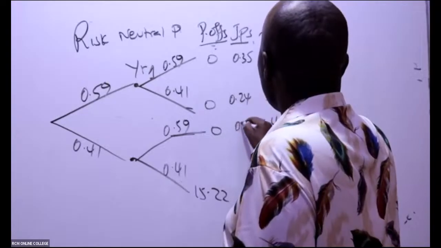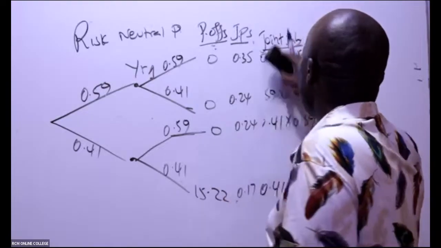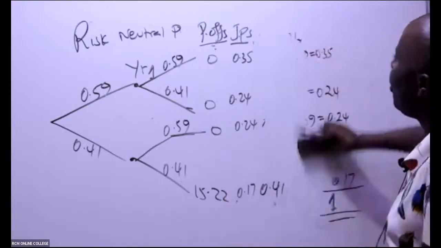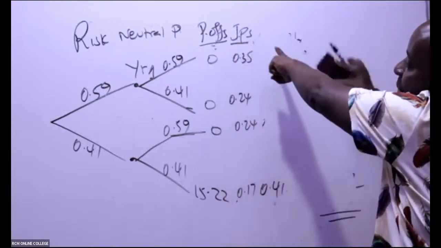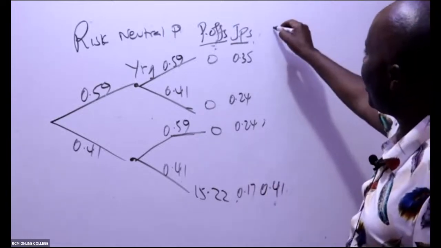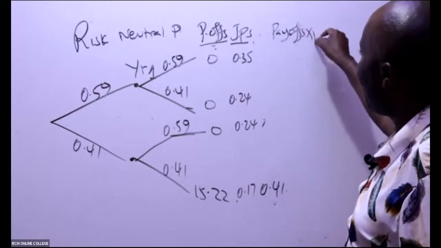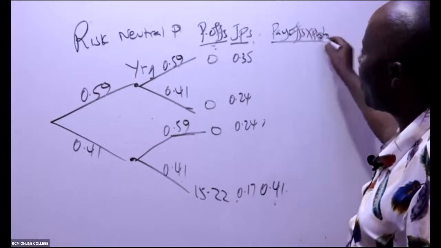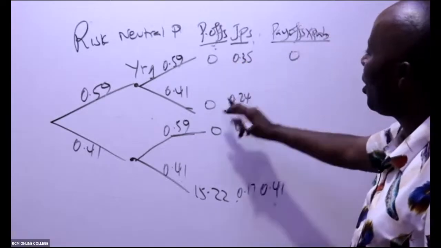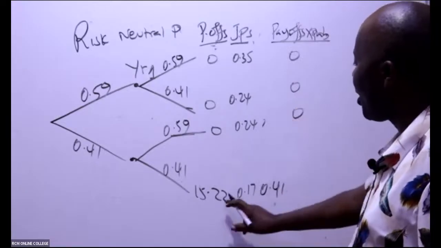0.24, 0.24, 0.17. Just like how you do it in advanced management accounting, you now take the payoffs times the JPs, the probabilities. Create a column where you take payoffs times probabilities. So 0 times this is 0, 0 times this is 0, 0 times this is 0.